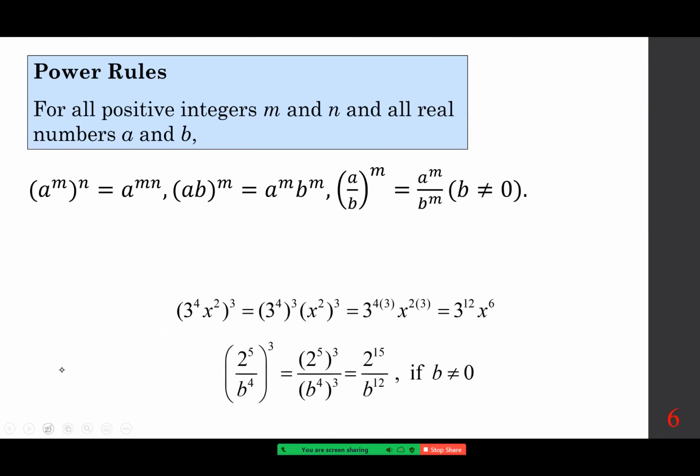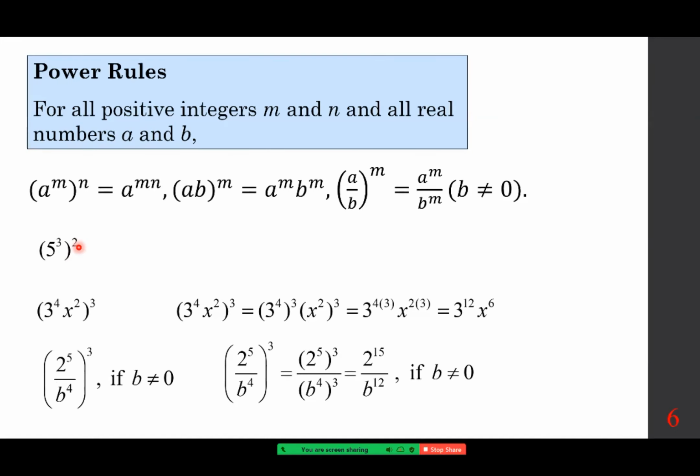So we discussed the power rule. If you look at this example, 5 to the power of 3 to the power of 2, this is 5 to the power of 6. This one, the order of animation is not correct. Let me actually fix that.